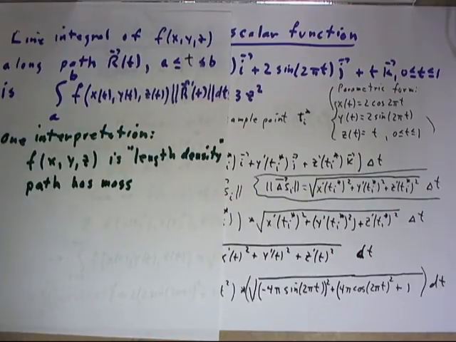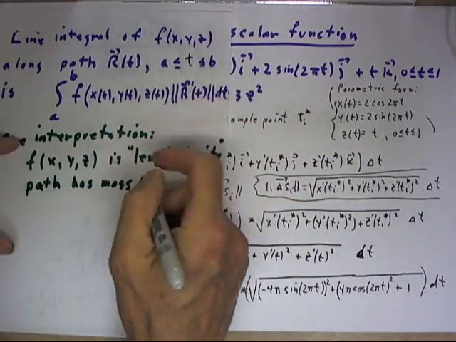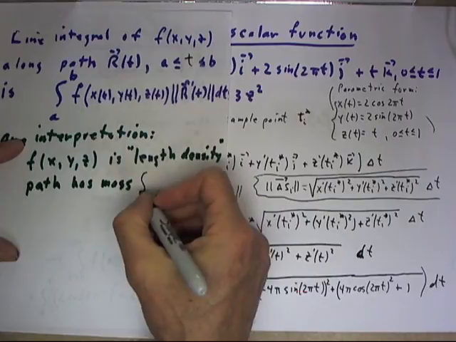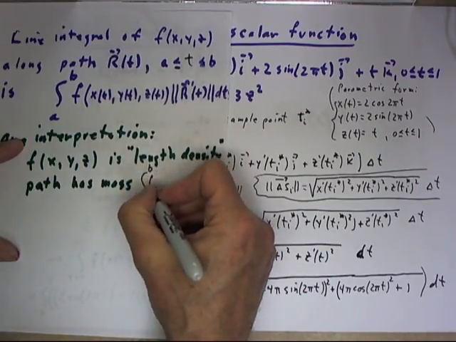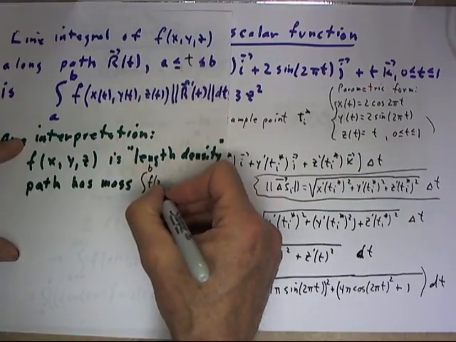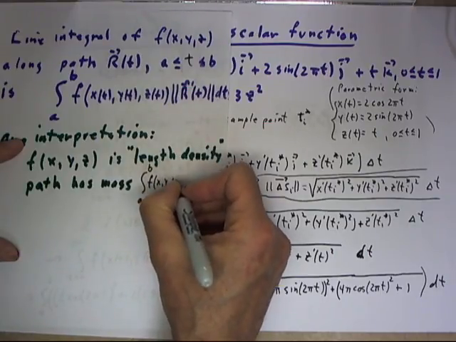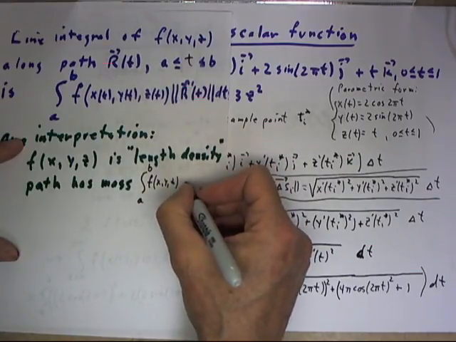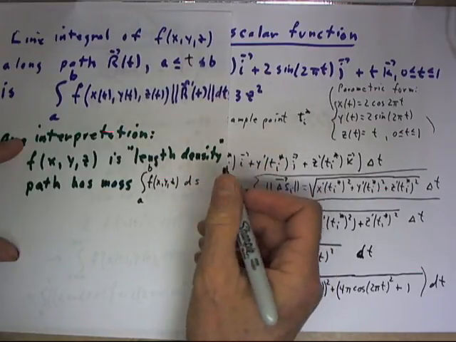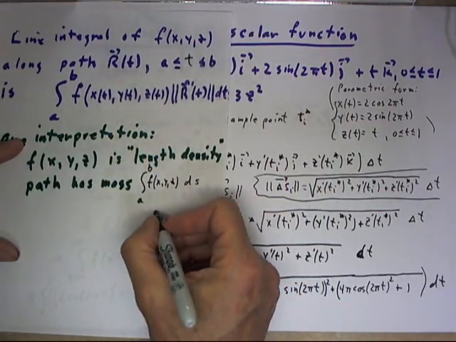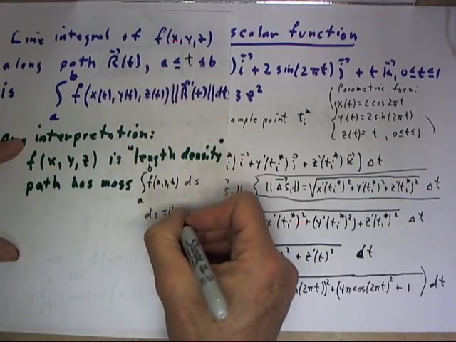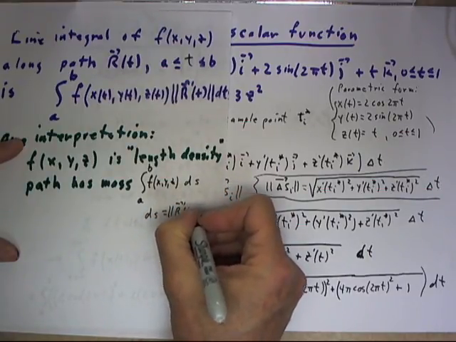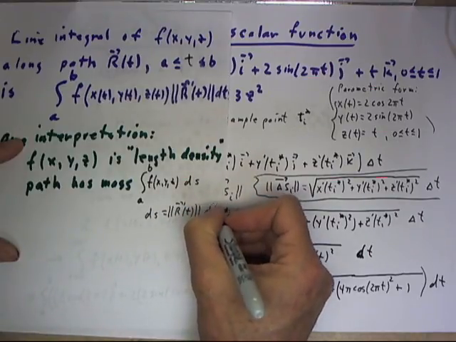And I'm going to go to the fine point marker. I can write this a little more compactly: the integral from a to b of f of x, y, z ds, where ds would be your magnitude of r prime of t dt.